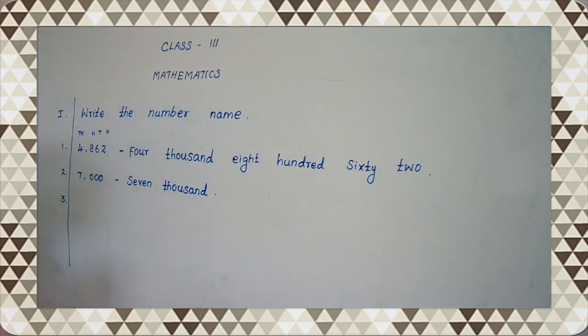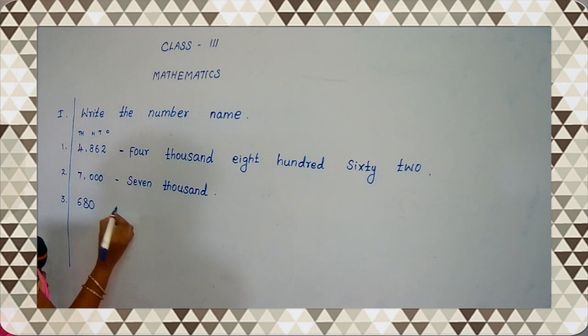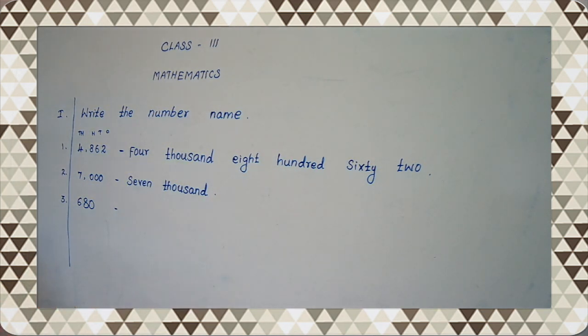The third one, what is this number, ma? First of all, this is how many digit number? 3 digit number. Yes, this is a 3 digit number. A 3 digit number starts from hundreds.